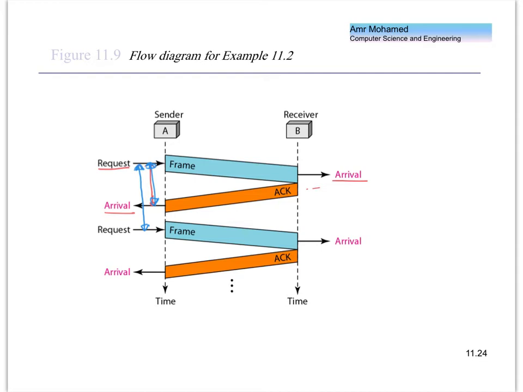So it's not good from the channel utilization point of view, but it's very good from guaranteeing the flow control and not to overwhelm the receiver. واضح كده؟ So the simplest and the stop and wait are two extremes. One does not account for any kind of flow control, and the other one is very conservative in doing flow control.